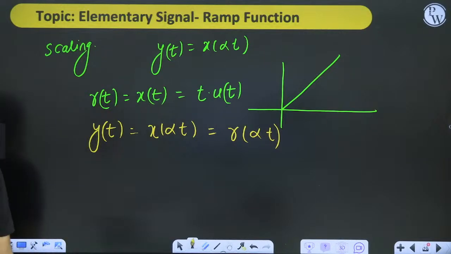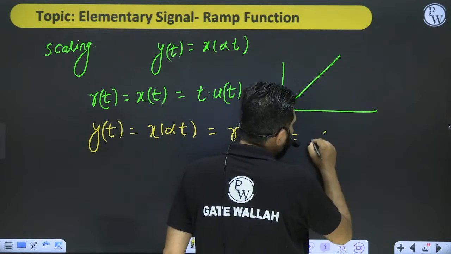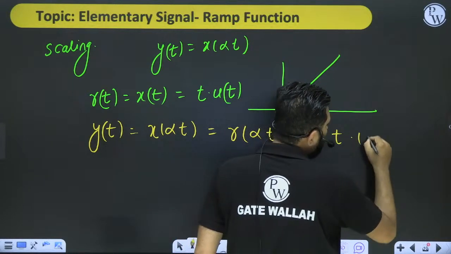Okay, r of alpha t can be written as alpha t times u of alpha t.